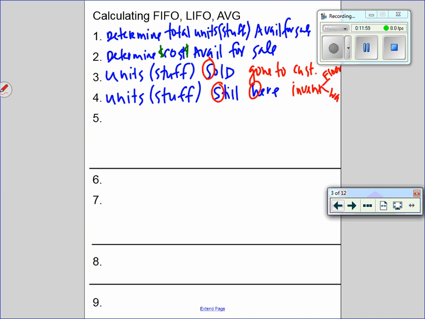Back to our list. You would probably never see this in the book, but we've already done it, I want you to mark S and SH. So what's sold and what's still here.